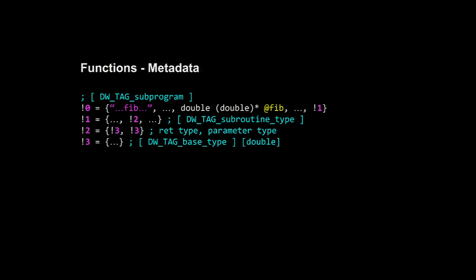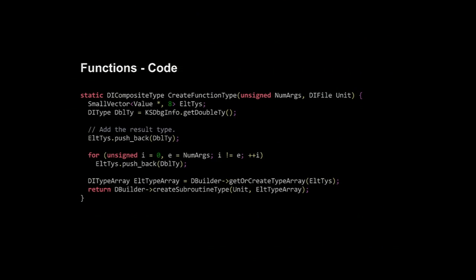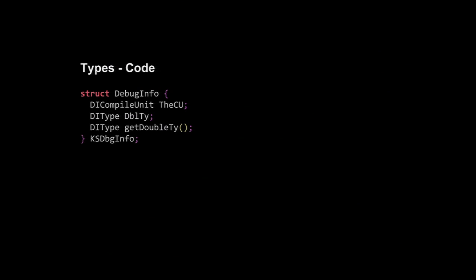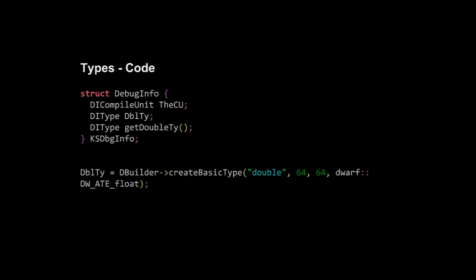Well, what if your type is only used by that function? And this gets us into the entire notion of what things like comdats were used for originally, which is stripping out debug information from the final executable when you're linking. You only want one version. If this is part of the comdat and nothing else uses that comdat, you can just discard it. We don't really have that notion in LLVM IR, and metadata definitely doesn't use it.